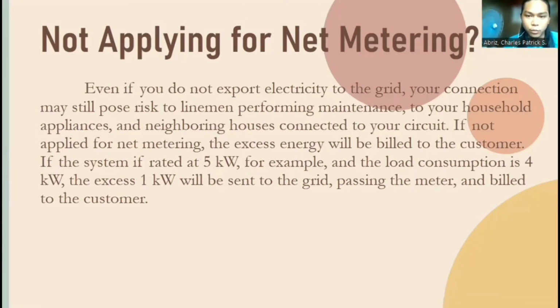Even if you do not export electricity to the grid, your connection may still pose risk to linemen performing maintenance, your household appliances, and neighboring houses connected to your circuit. If not applied for net metering, the excess energy will be billed to the customer. If the system is rated at 5 kilowatts, for example, and the load consumption is 4 kilowatts, the excess 1 kilowatt will be sent to the grid, passing the meter and billed back to the customer.